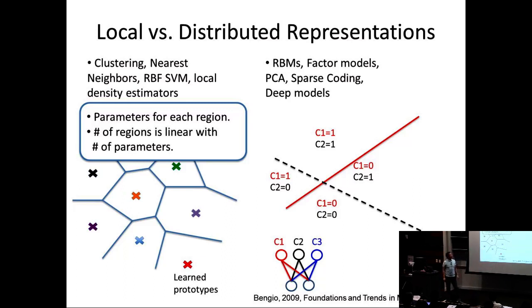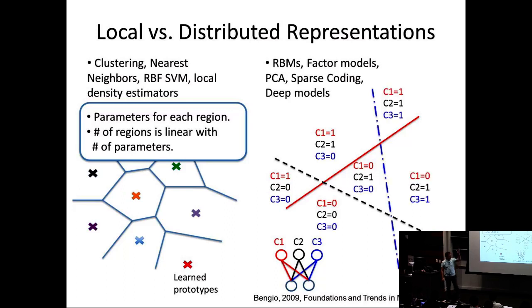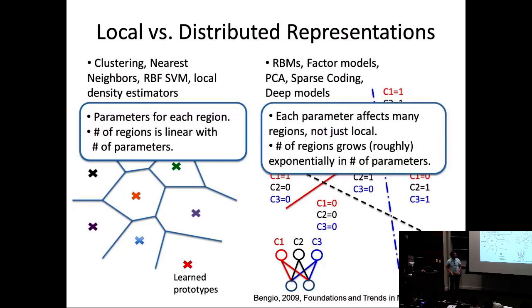But for RBMs and PCA, sparse coding, autoencoders, factor models, factor analysis, for example, as you introduce these hidden states, you're really partitioning the space, right? So you're saying that each parameter affects many regions, not just local regions. So roughly speaking, the number of regions grows exponentially with the number of parameters, right?